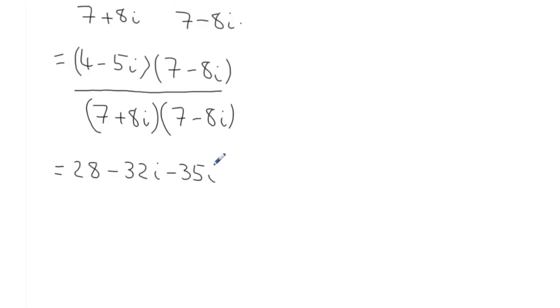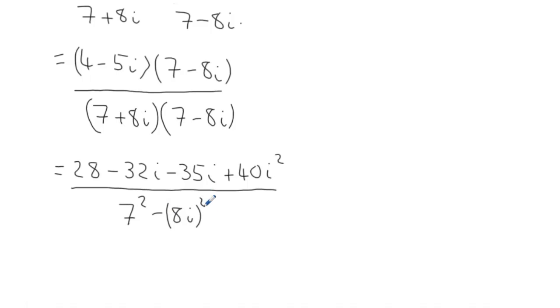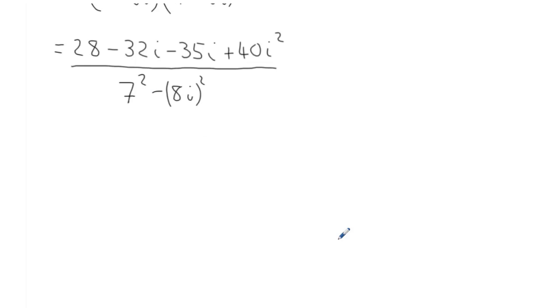Minus times a minus is a plus, so 5 eights are 40. So you've got plus 40i squared. That's on the top. On the bottom, you've got a difference of 2 squares. So it's 7 squared minus 8i squared. Okay, so there's a fair bit of work to do.